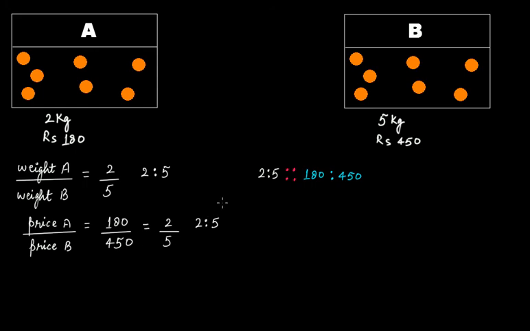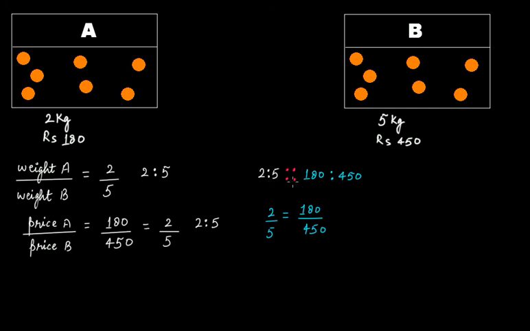These two ratios are equal. That is, 2 to 5 is equal to 180 to 450. This is telling you that these two ratios are equal, therefore it is in proportion.